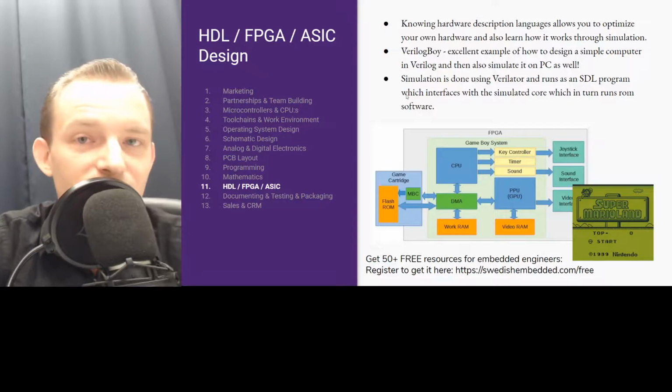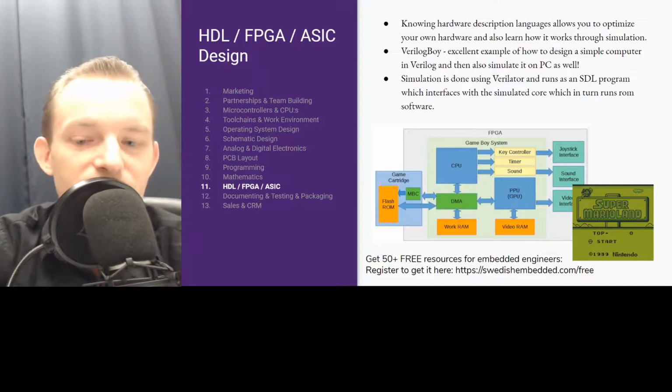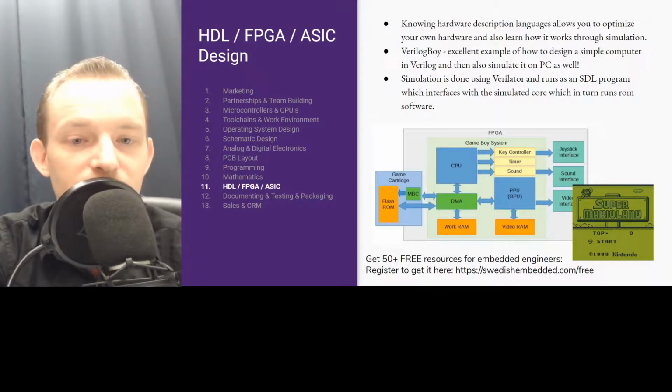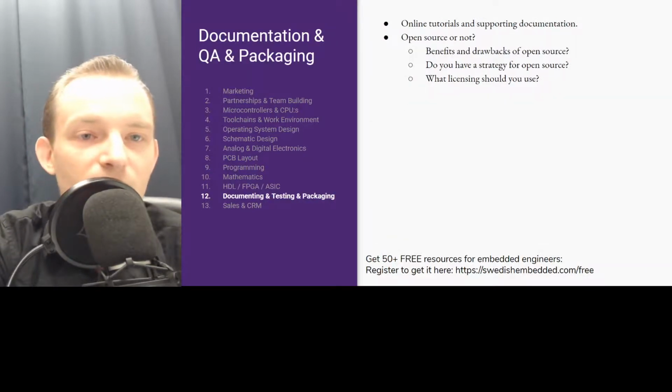So it's a really interesting way to understand how things work at the lowest levels. And when you do firmware development, when you do embedded engineering, you're going to find yourself in the FPGA world. You're going to find yourself dealing a lot with hardware. So learn this. This is really useful.